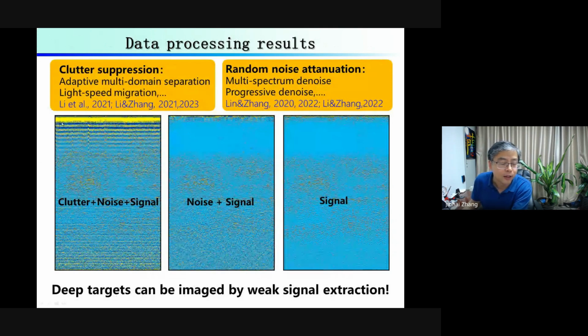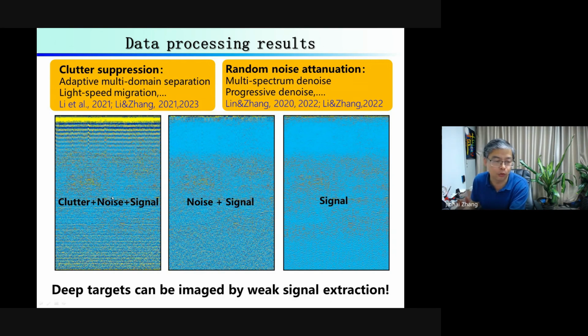Here is the signal obtained. We can see there is a lot of reverberation between the rover bottom and the ground, so it's very strong. We can also see some artifacts here, and some nearly flat artifacts. This is due to the background noise of the GPR equipment, or the background noise of the Luna.